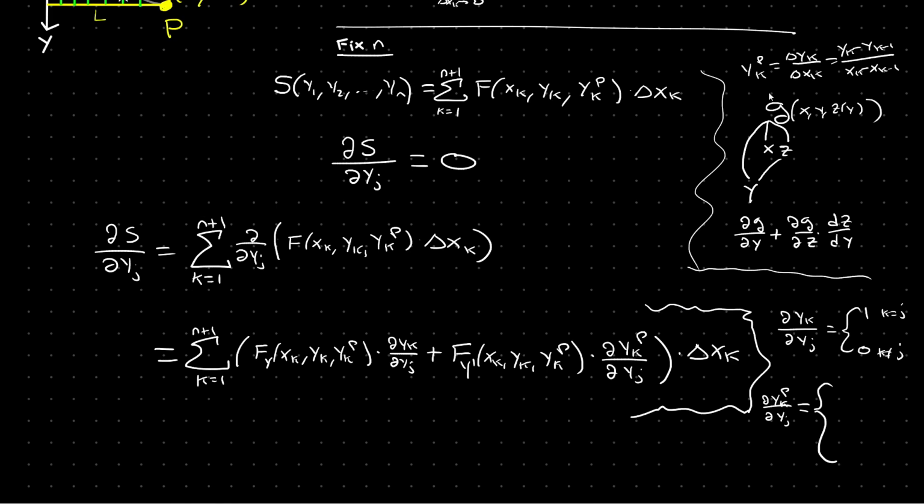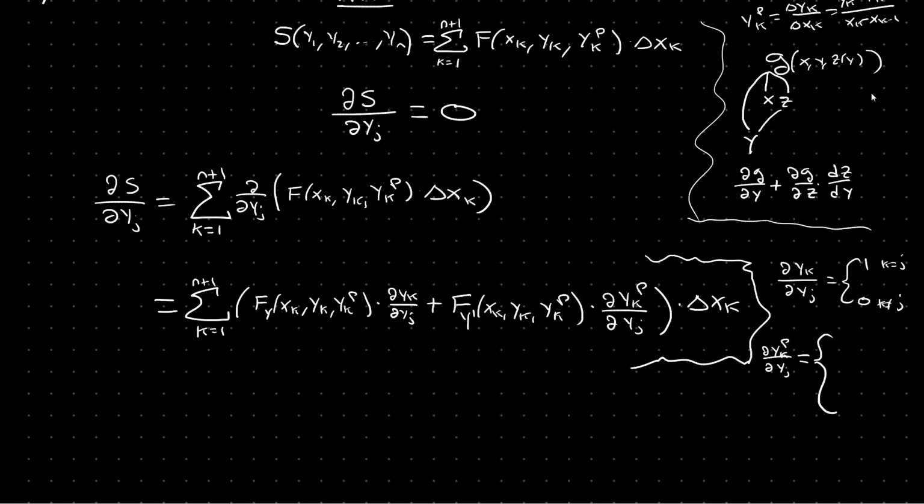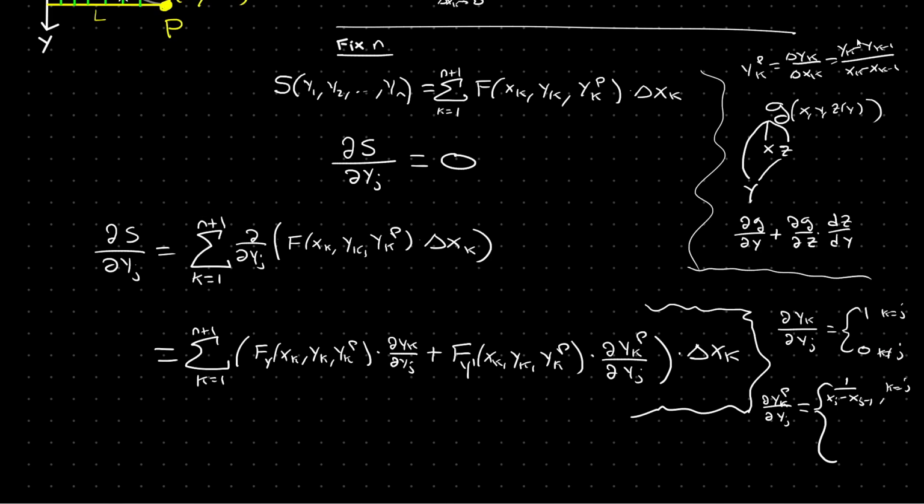The derivative of ykp with respect to yj is going to be 1 over xj minus 1 if k equals j, because that's the derivative of this function if k equals j.